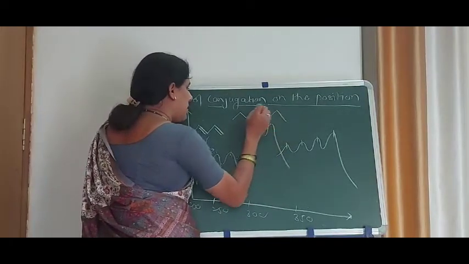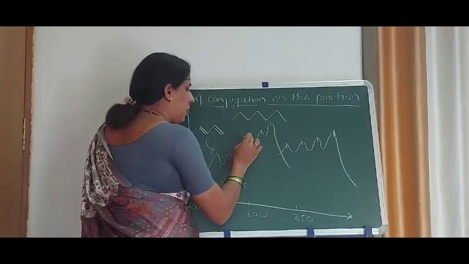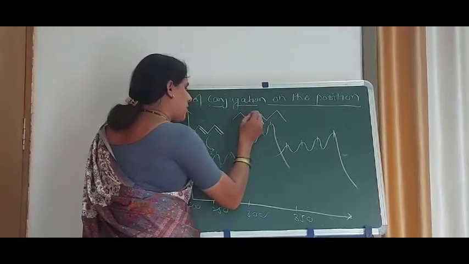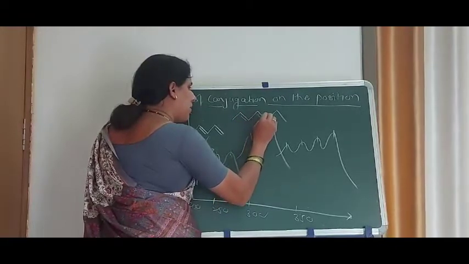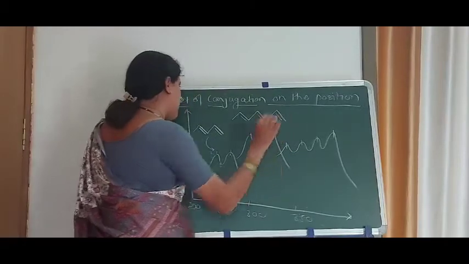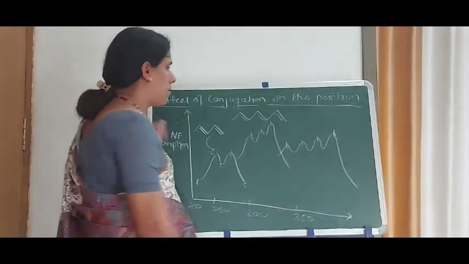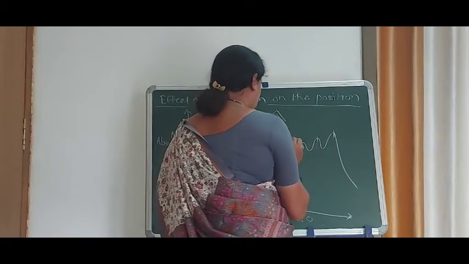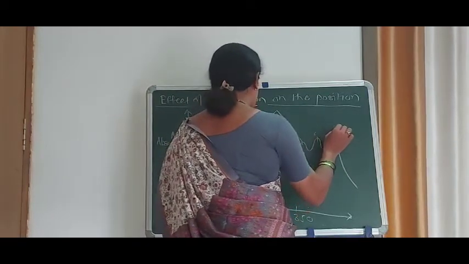Like this, 1, 2, 3, 4, 5, 6. Here the presence of 1, 2, 3, 4, with peaks at 2, 4, 6 and 8.